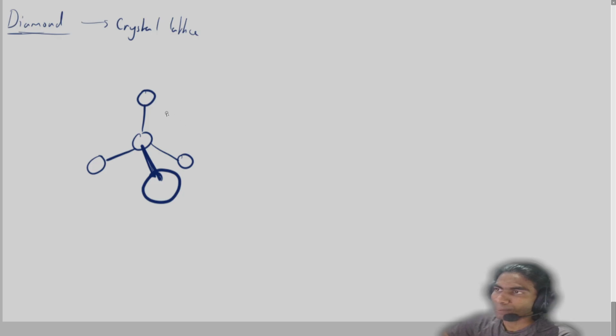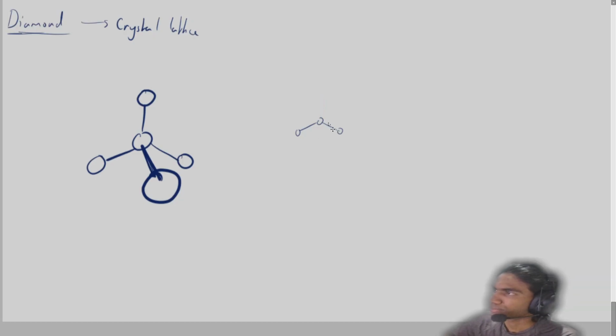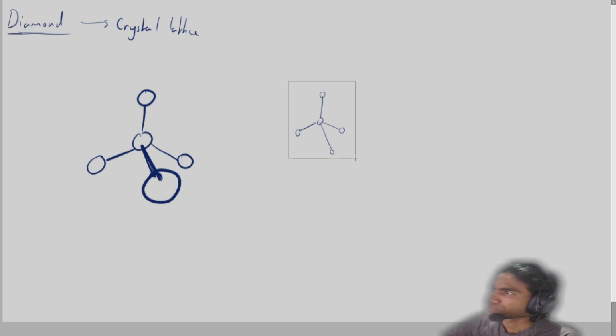What I'm going to do is draw a simplified diagram of it like this. So all of these are carbon atoms. It's basically something like this. You'd have one here, one here, one here. Look at how neatly that fits into each other. It's so beautiful.